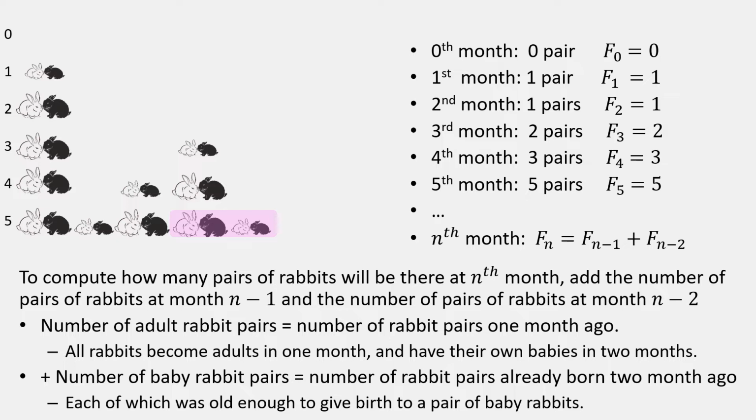So the number of adult pairs is the same as the number of rabbits alive 1 month ago. And the total number of babies plus adults is the number of rabbits alive a month ago plus the number of rabbits alive 2 months ago. And this is a description of how the sequence of rabbits work, how those rabbits reproduce.